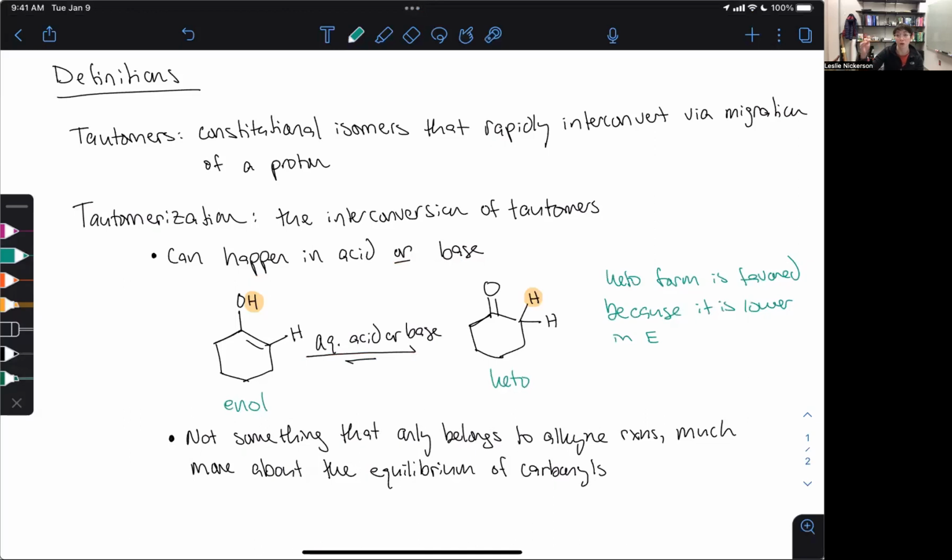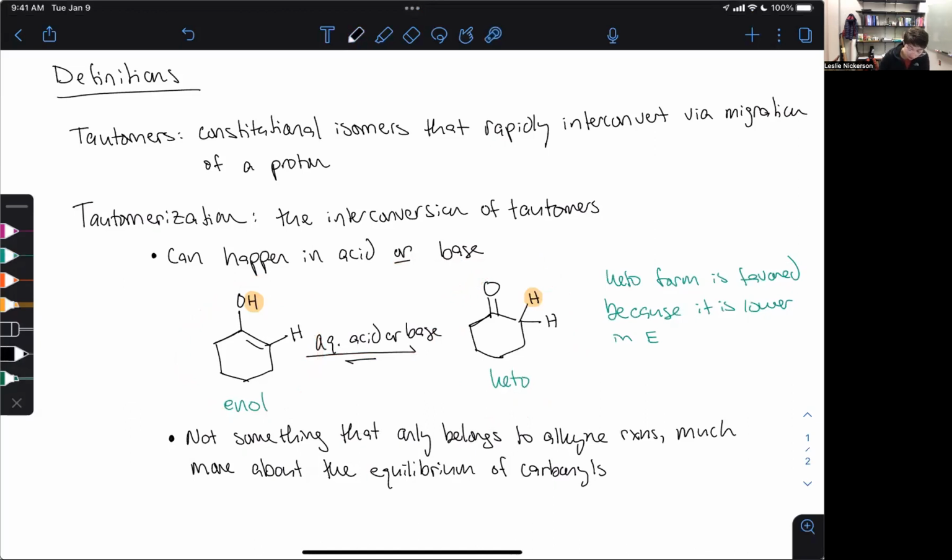There is a bit more of a dip down in the energy to stay in the keto form. So generally, most keto-enol tautomers are going to spend more time in their carbonyl form than in their enol form. Later in the semester, we'll learn how to force things into this enol form to be able to do reactions. But generally, the keto form is favored.